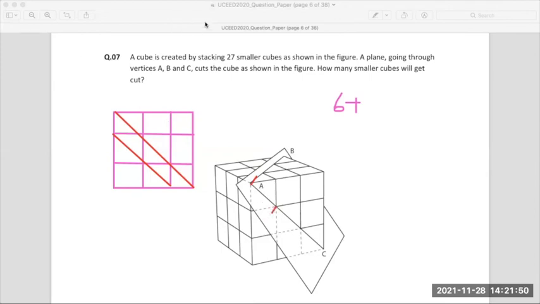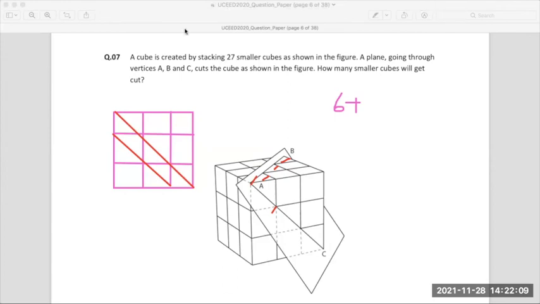When it does that, it has some kind of an impact on this part, and it has definitely some kind of an impact here, because it is cutting diagonally.